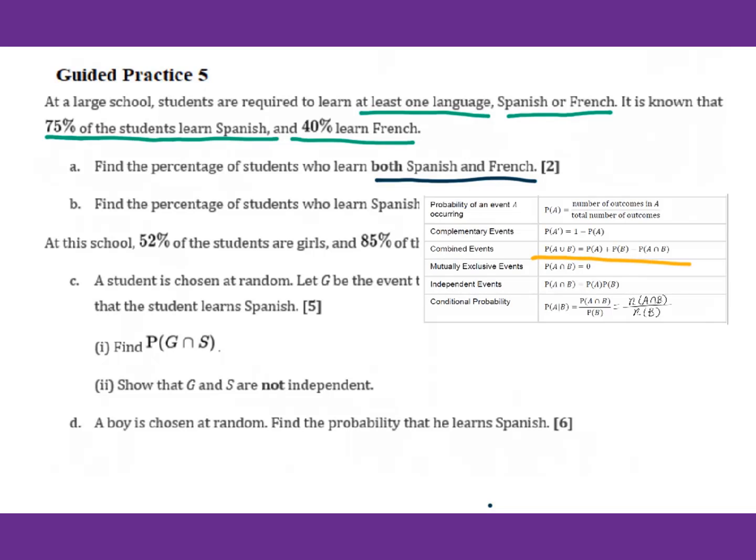Since in this school, students are required to learn at least one language, Spanish or French, which means the probability of Spanish union French equals 1.